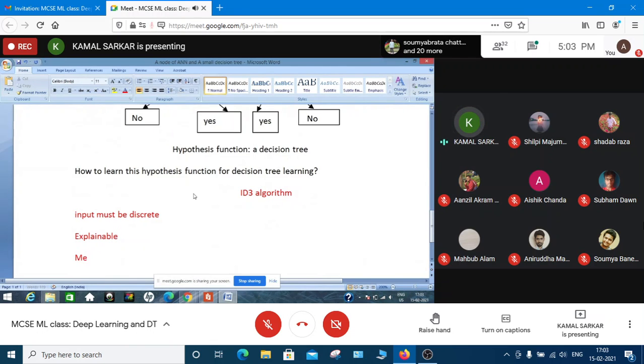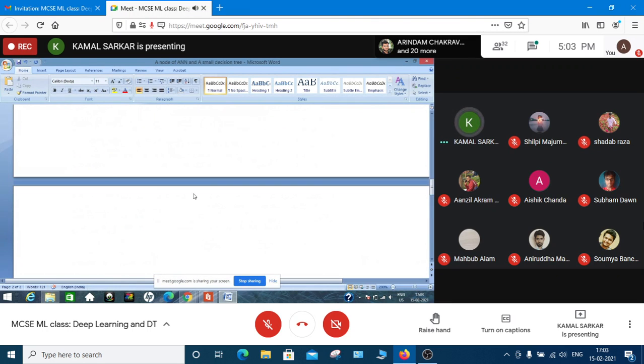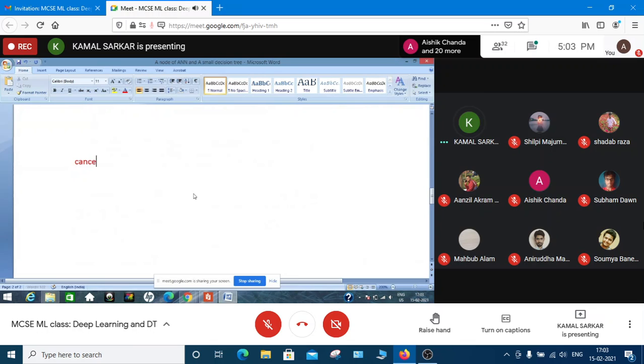Just to take an example, for medical applications, say for example the cancer classification problem. For a certain input, say an input image, the model says yes.